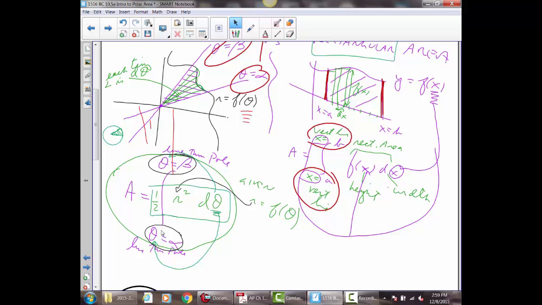Then the integral has to match this variable, going from theta equals alpha to theta equals beta, which in this case are these two lines through the pole. So there is our formula for the polar area of a curve r equals f of theta, bounded by the curve and two lines through the pole, theta equals alpha and theta equals beta. And don't forget the 1/2, because that is a very common thing to forget.